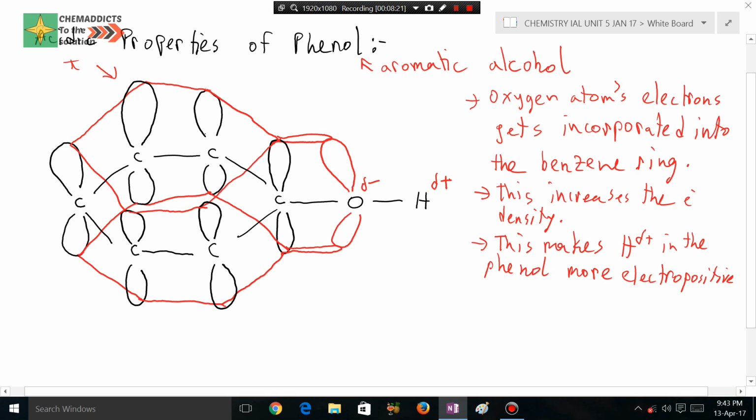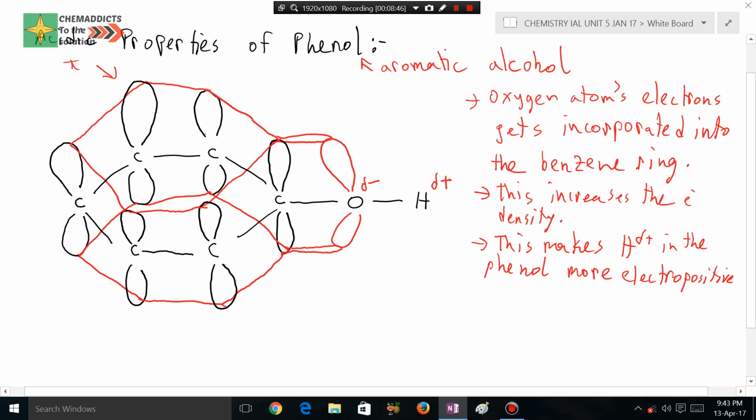This hydrogen atom has no electron. So this causes the hydrogen atom to be much more electropositive than it is in aliphatic alcohols.